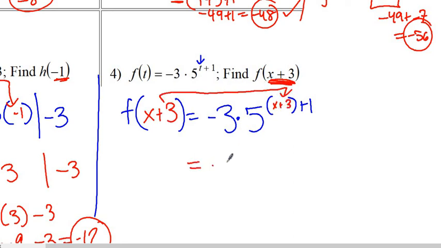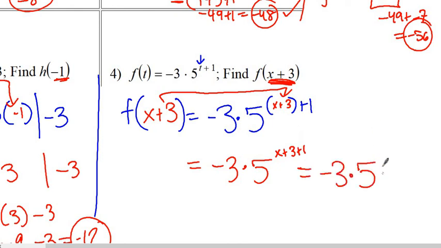So we have negative 3 times 5 to the x plus 3, plus that 1. And the only thing we can simplify there, we're not going to get a number out of this. We're just going to get x plus 3 plus 1 would be x plus 4. That's as simple as we can make it right there. We can't multiply those two together because this is being raised to an exponent. Exponents come first. So that is how you evaluate functions. I hope it makes some sense.